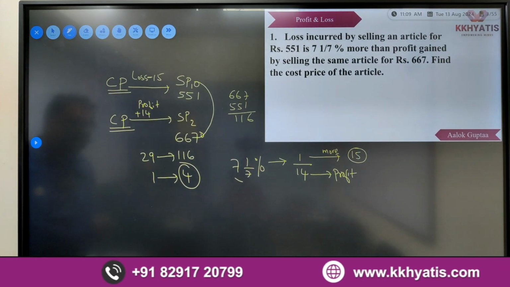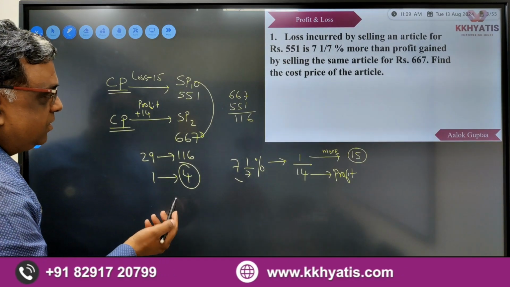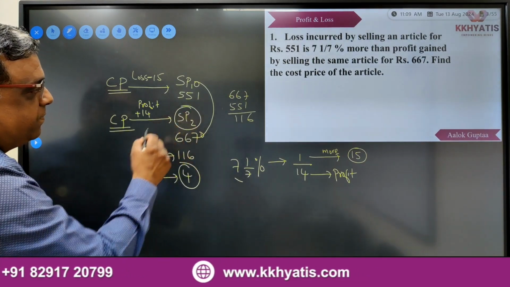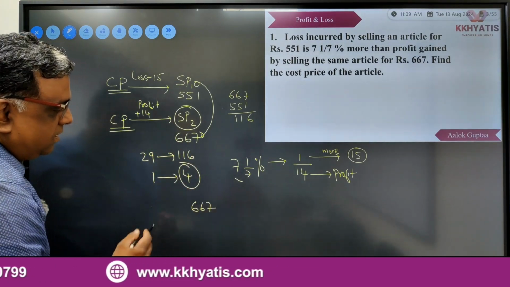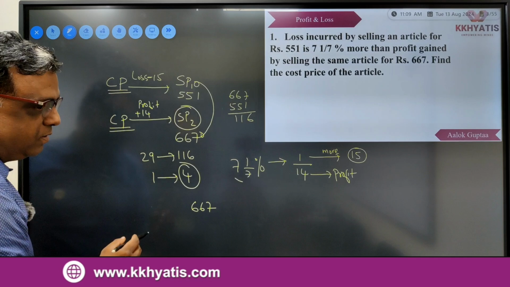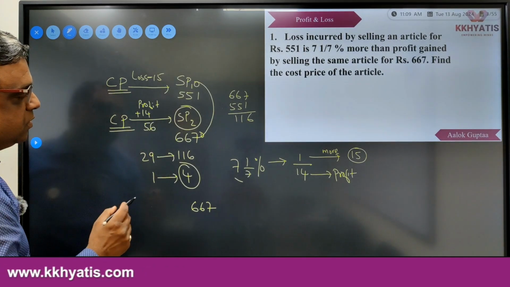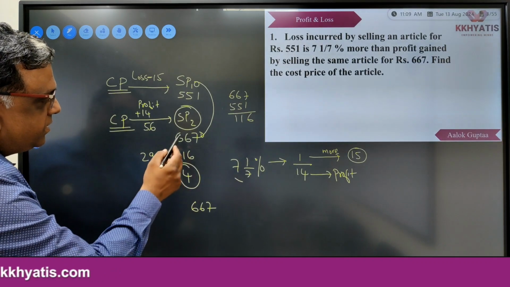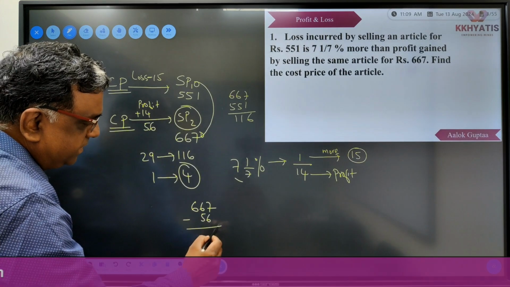Correct? Now I want to find the CP. So CP I can find from whichever scenario. So I can find from here. My SP is 667. 1 की वैल्यू 4 है तो 14 की वैल्यू कितनी होगी, 56. So this will be 56. So if I subtract 56 from 667, I will get my CP.